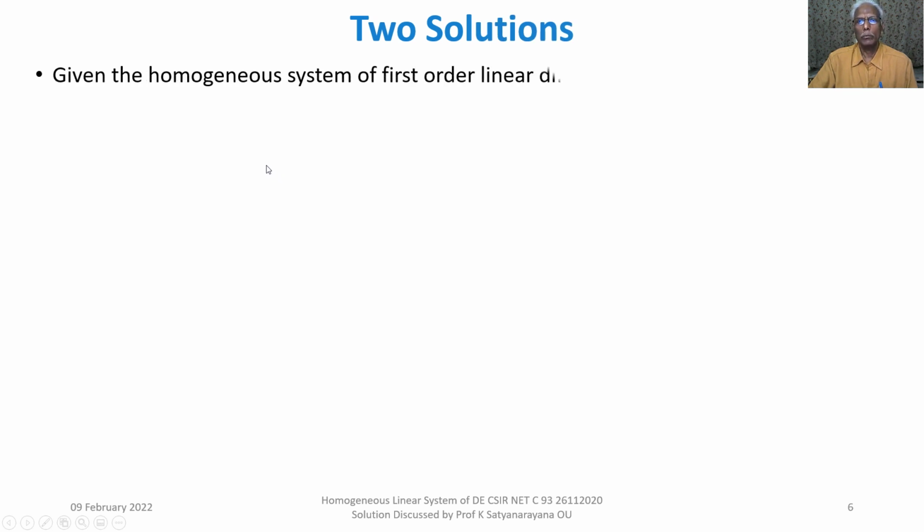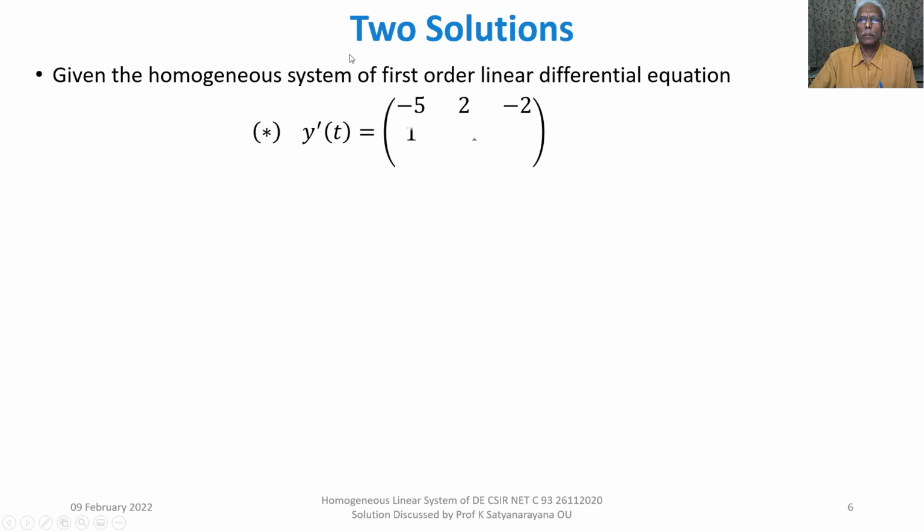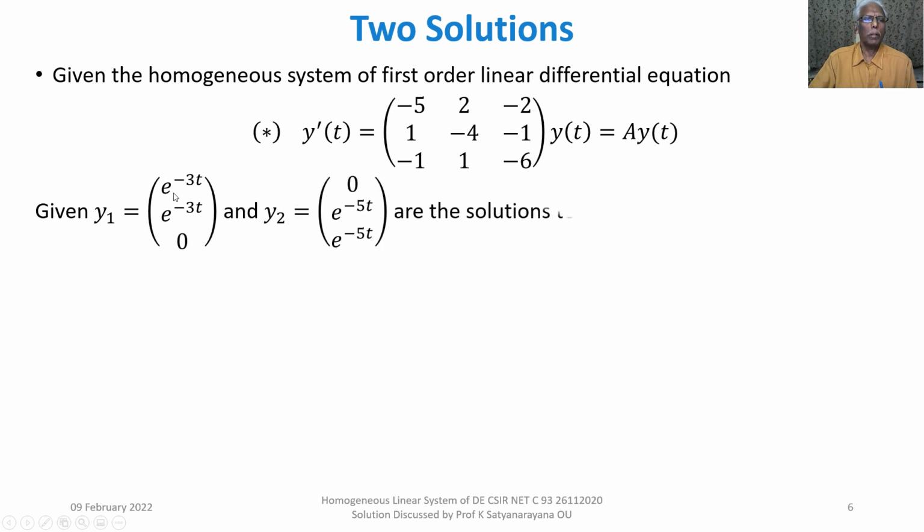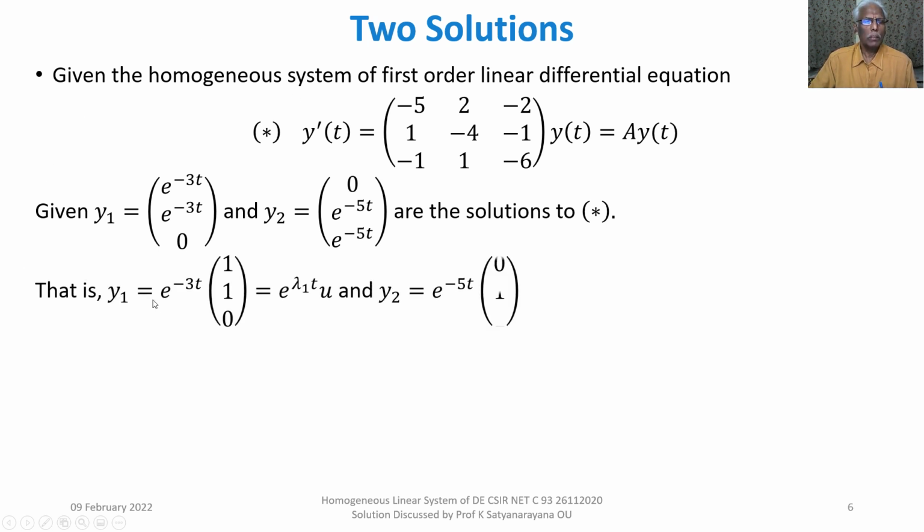Now, we are given 2 solutions for the system given by star. y1 is equal to the column vector e power minus 3t, e power minus 3t, 0, and y2 is the column vector 0, e power minus 5t, e power minus 5t. That is, y1 is equal to e power minus 3t multiplied by the column vector 1, 1, 0.